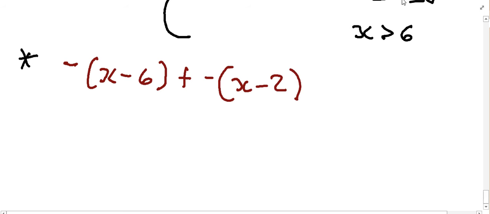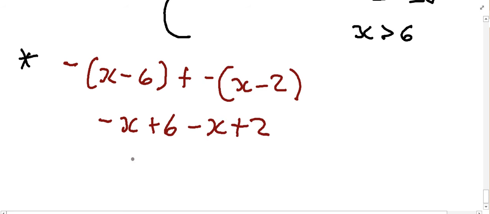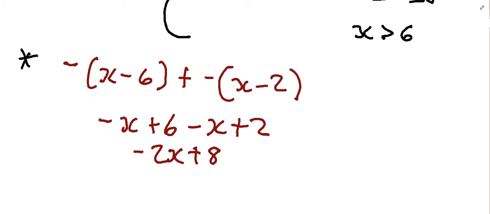That's what we found out. So if we were to work this out, we are going to have -x plus 6 minus x plus 2. Okay, so we are having -2x plus 8. Okay, so -2x plus 8 is what we have found.